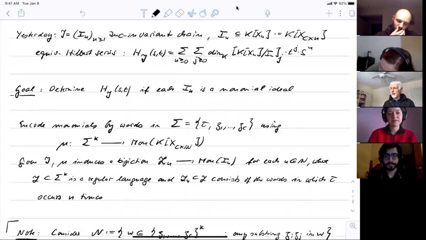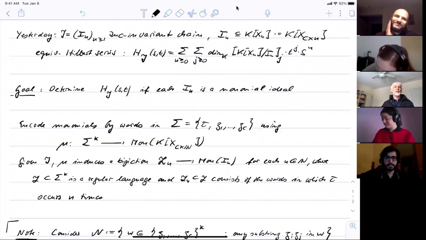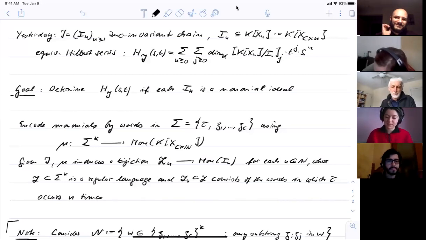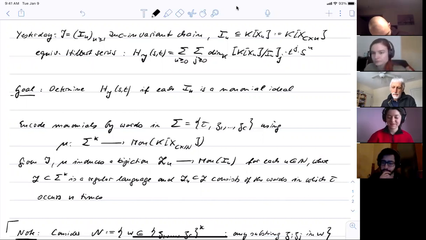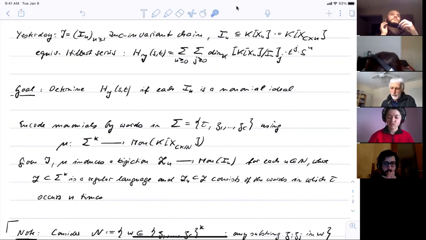All right, so forgive me for cheating a little bit by not having written down already something we discussed yesterday. So we started with an ink invariant chain and then defined what I called an equivariant Hilbert series. It's a formal power series in two variables. And I recall the definition.